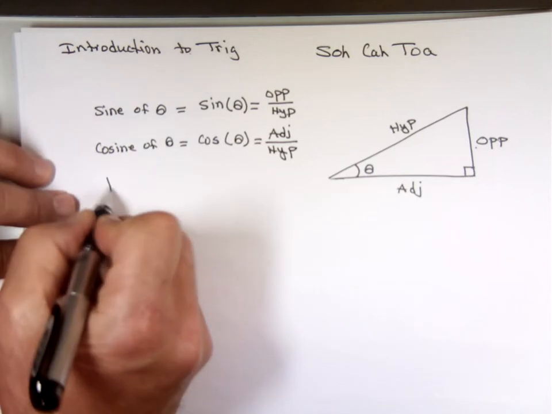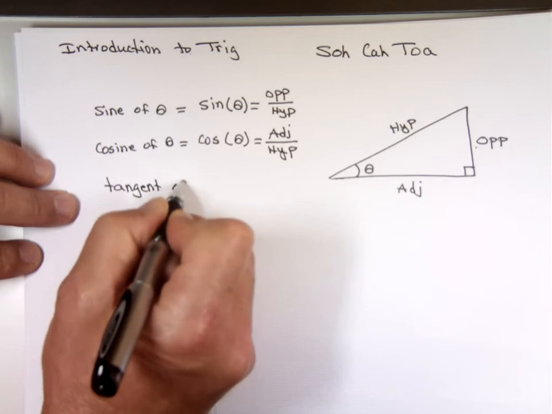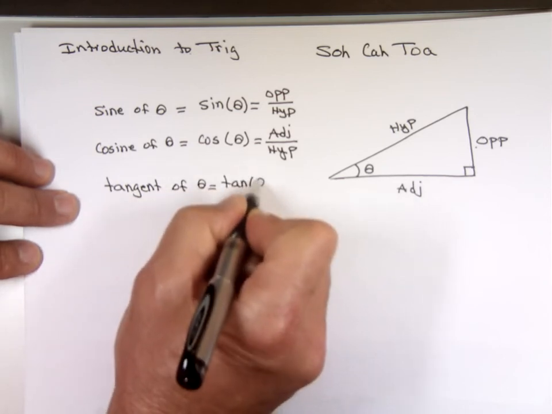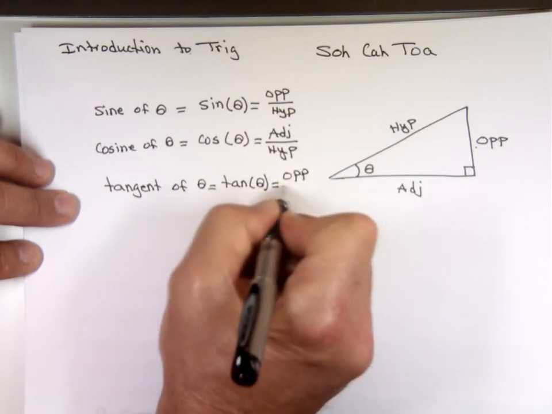And the tangent of theta, and we write that tan theta equals opposite over adjacent.